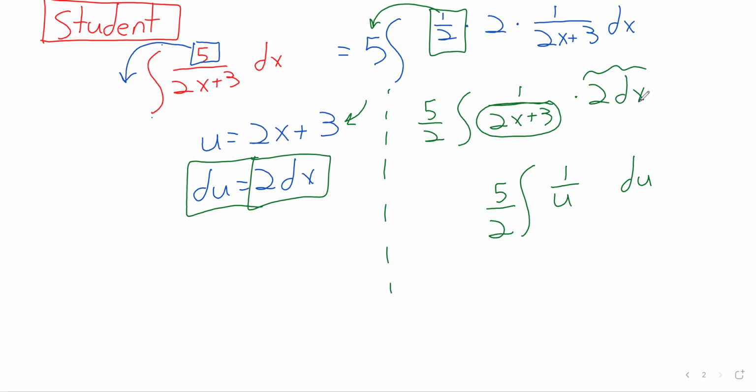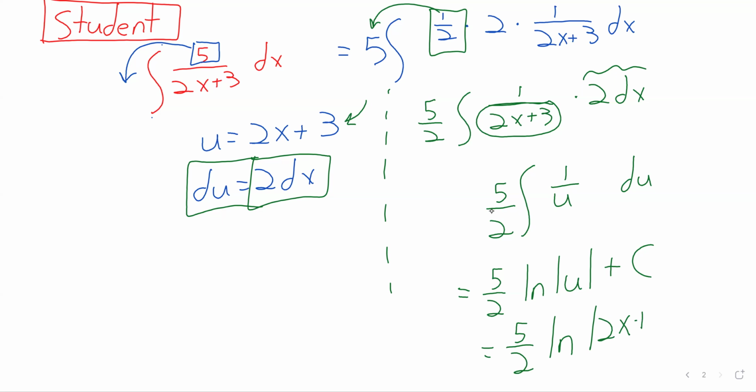And we have that 5/2 out front. 5/2, the natural log of, I think everything's positive here, but just to be meticulously correct, we put the absolute value in. 5/2, the natural log of the absolute value of u, running out of space, but we got there with just inches remaining.